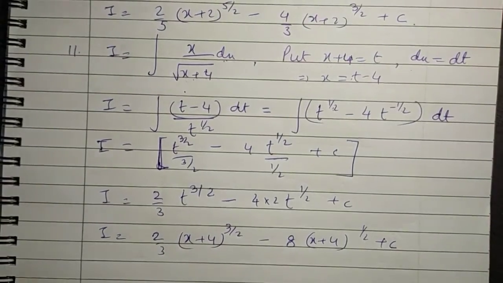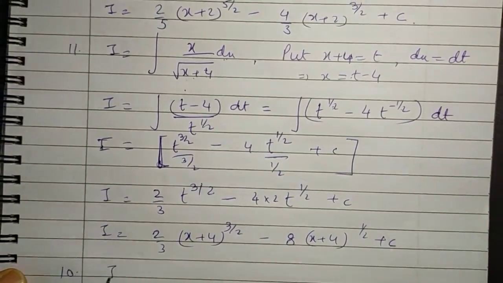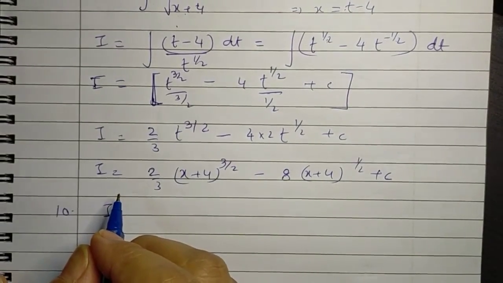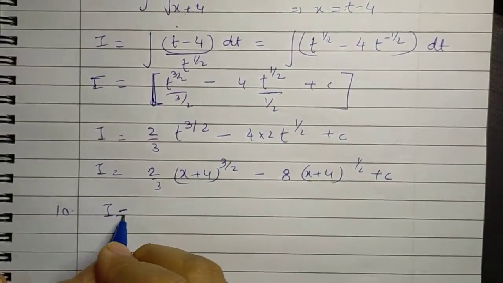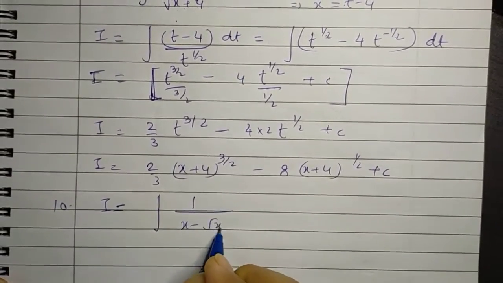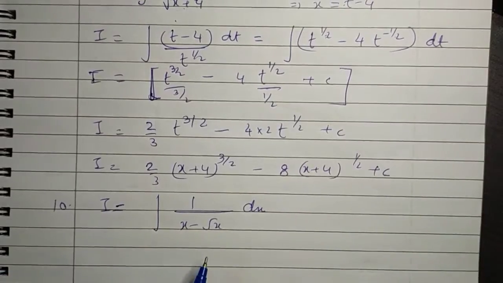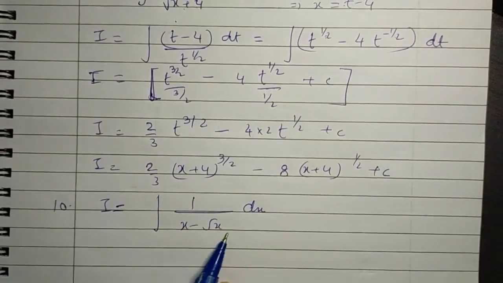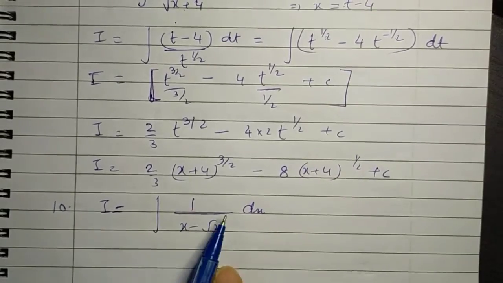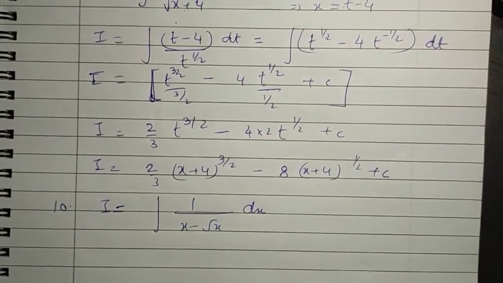Now let's take up question number 10. It says that I is equal to the integral of 1 upon x minus root x dx. Now if I put the whole denominator as t, then its derivative is nowhere present here, nor can we simplify it further.